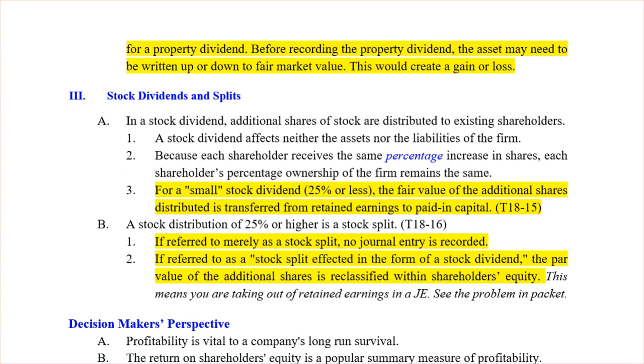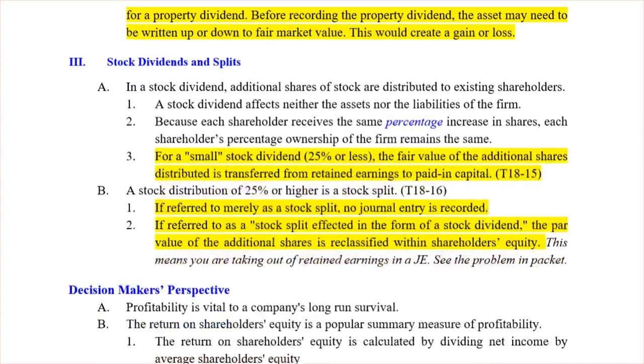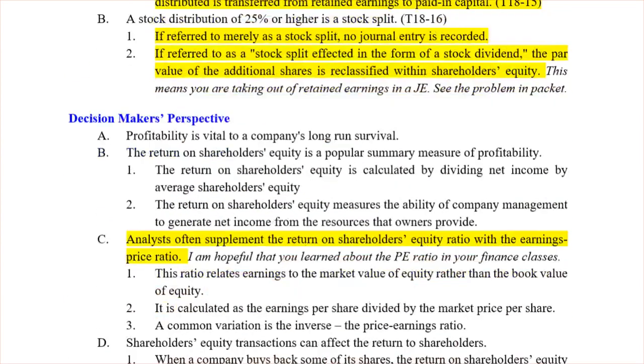And if it's a big stock dividend over 25%, you're going to use par, right? And on the other hand, if they said it's a stock split and they don't say it's done as a dividend, then you're not going to do a journal entry. So you might review all of that stuff there.